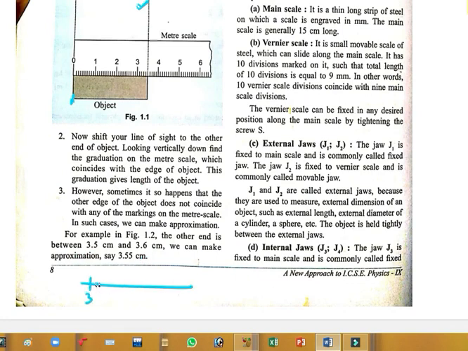So this will be 3, 3.1, 3.2, 3.3, 3.4, 3.5, 3.6, 3.7, 3.8, 3.9, and this will be 4. So that measurement was between 3.5 and 3.6. This will be our 3.5 and this will be our 3.6, so we can make an approximation by saying that this will be 3.55. Fine.